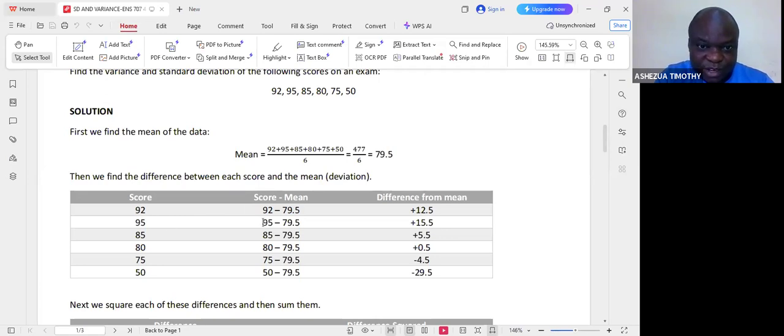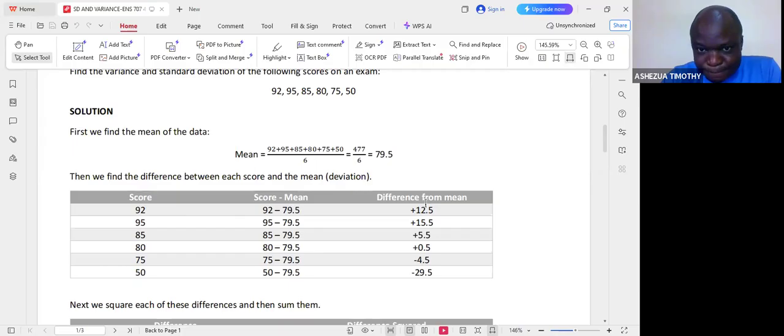So here you have 95 minus your mean, 85 minus your mean, 80 minus your mean, 75 minus your mean, 50 minus your mean. This column is called the x column. This column here is called x minus x bar.